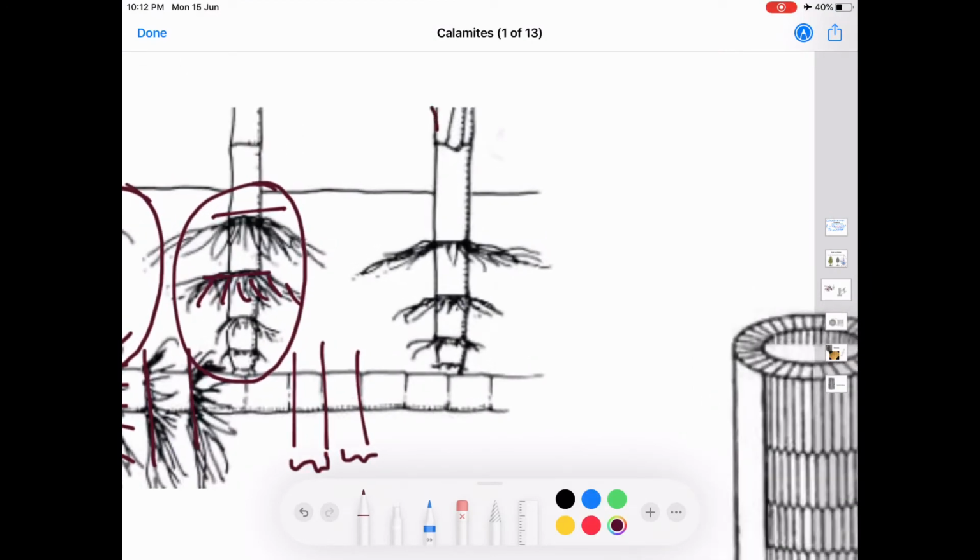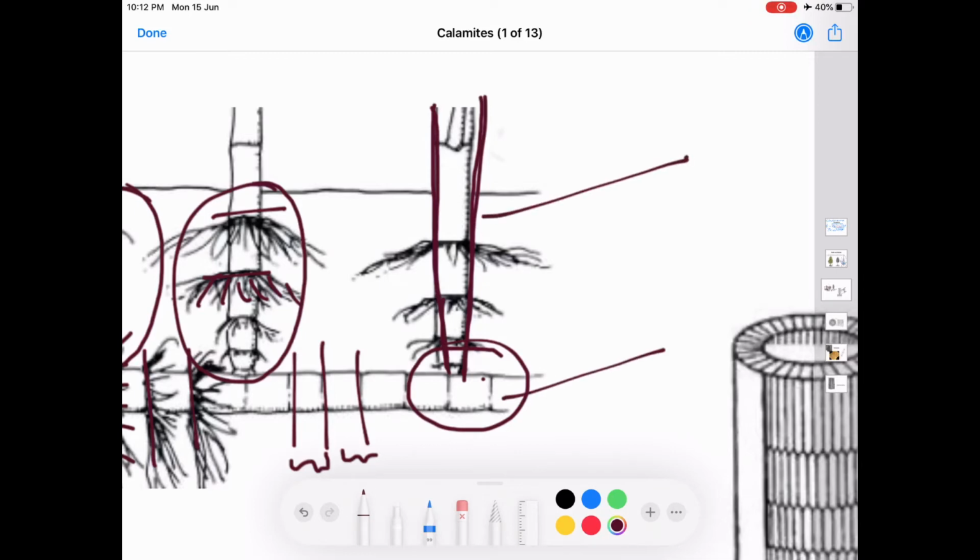You can see the constriction, that is, the shoot is tapering towards the lower side, and the aerial shoot is sharply constricted at the point of attachment with the rhizome.